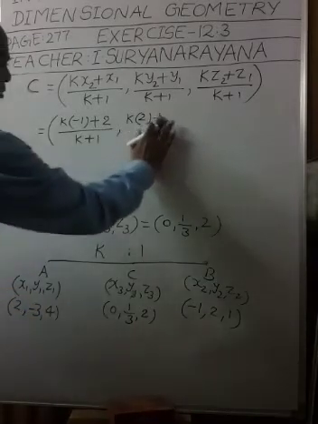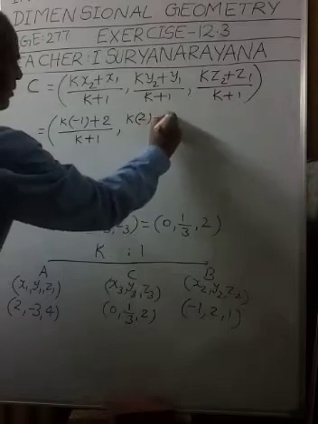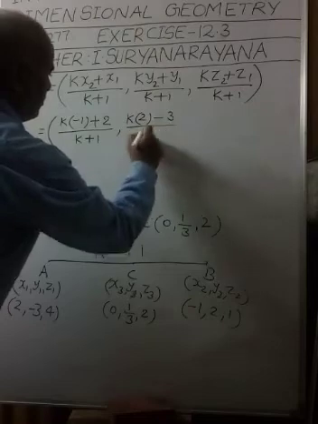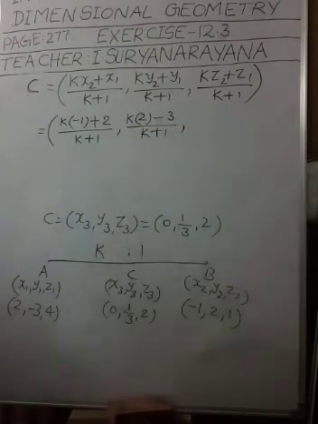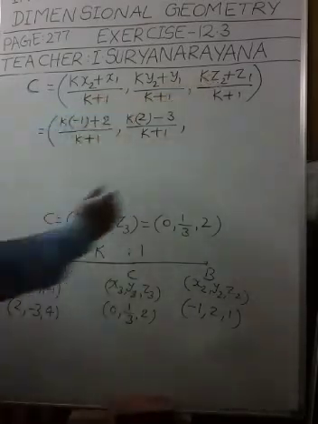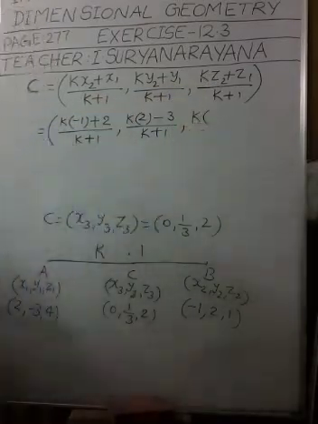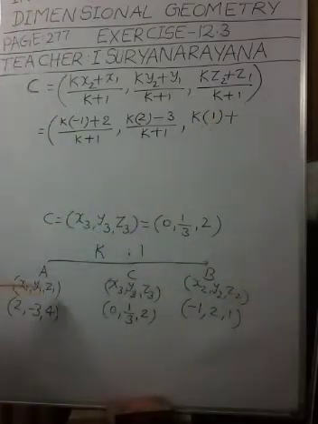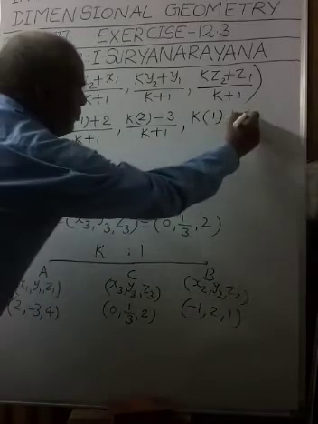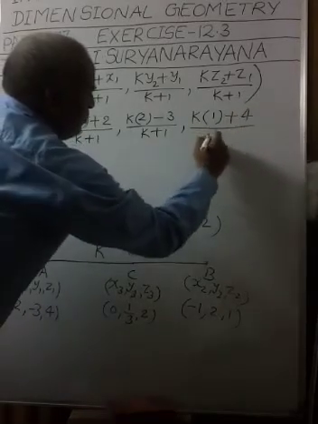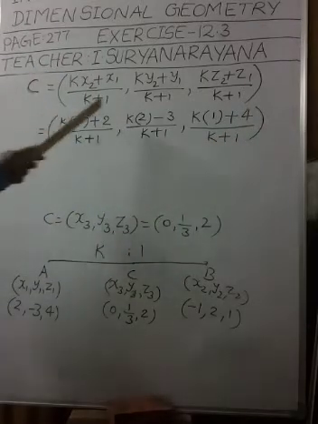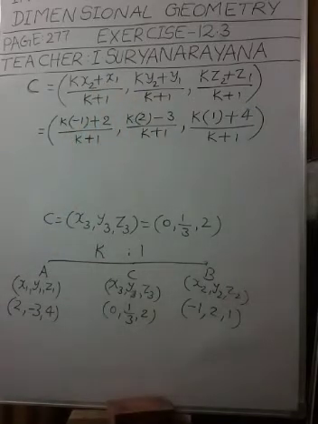So I am writing directly -3 by k + 1. Now the z coordinate: k z2. What is z2 here? 1, plus what is z1 here? 4, by k + 1. I substituted x1, y1, z1, x2, y2, z2 in the formula.